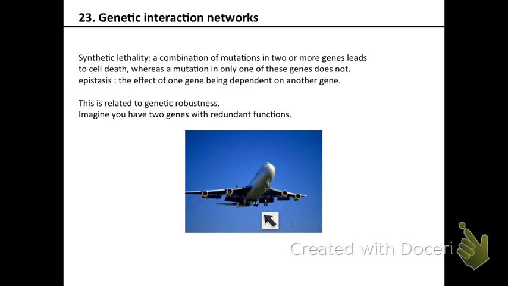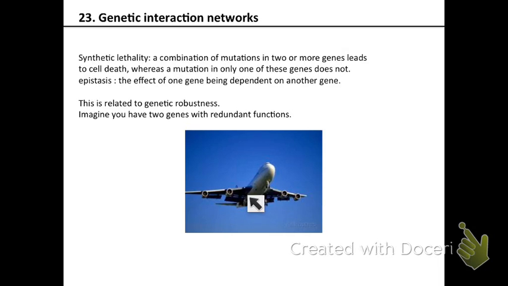So imagine the organism is like an airplane, okay? So the airplane has 4 engines. Imagine these are the 2 copies of gene A and 2 copies of gene B, the maternal and paternal. And both of these genes are important for a similar function, right? So if you have a mutation in one of these genes, you're going to impair the function of one of these engines, right?